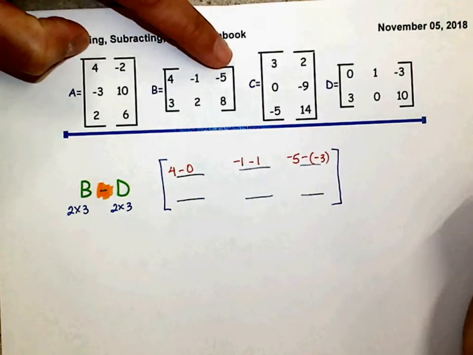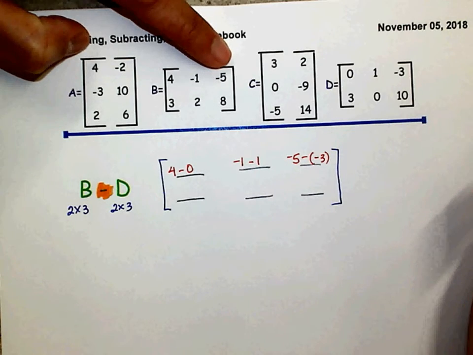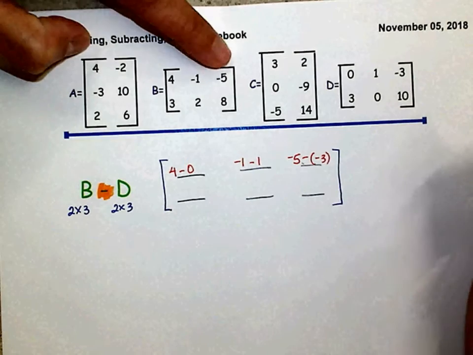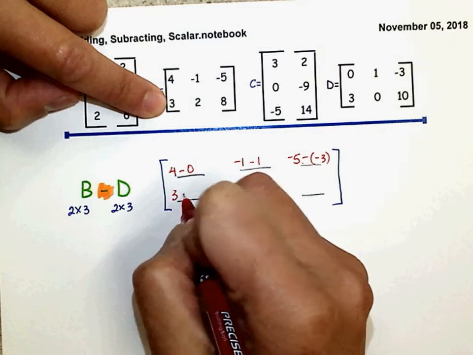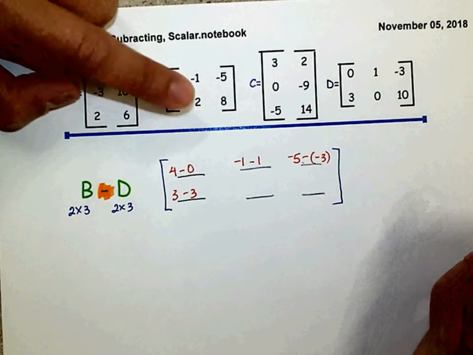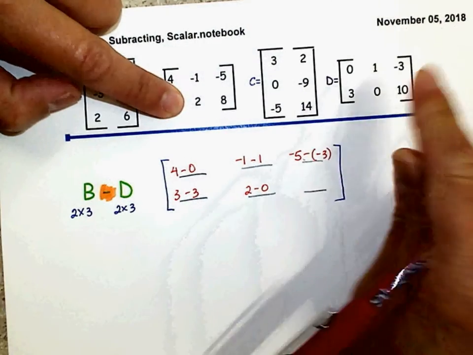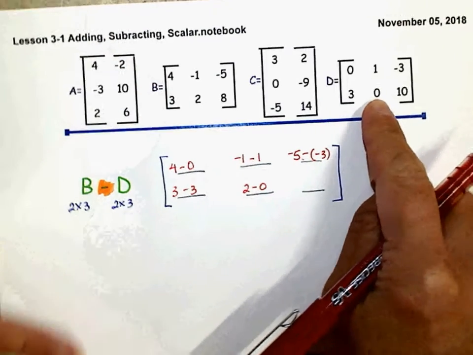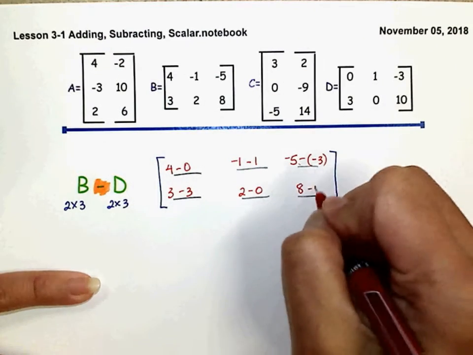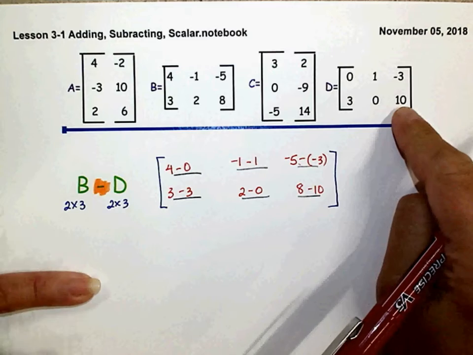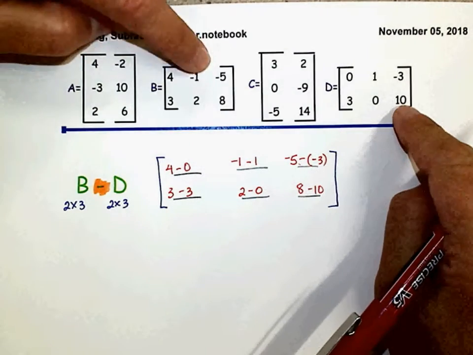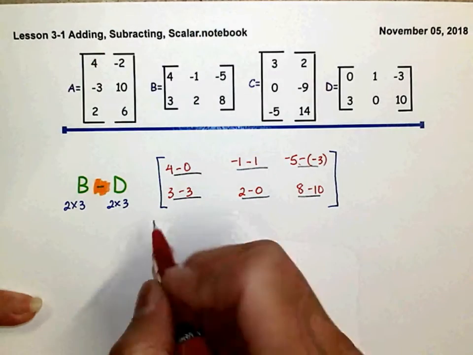And you can write a plus if you know that, okay? Negative, negative makes positive. 3 minus 3. 2 minus 0. 8 minus 10. See how I'm using these two? Okay, so I'm going to ignore A and C. All right, final solution.